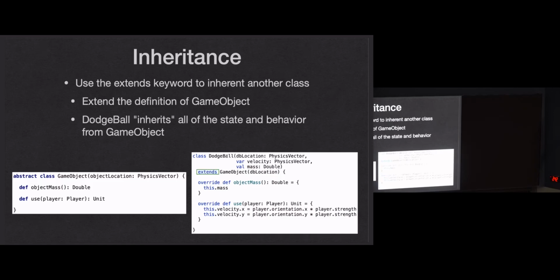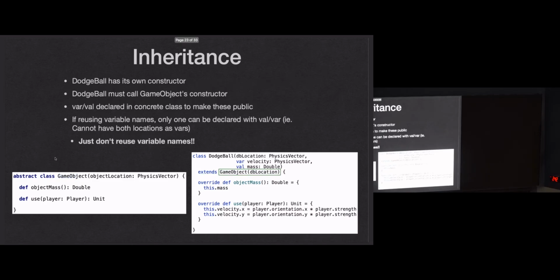But we're going to say class dodgeball with our constructor as we always had. This we've always had before. And then we're going to say extends, which is inherits, GameObject. So I'm extending this class. I'm inheriting all of the state and behavior of the GameObject class. And whenever you extend a class, you're going to call its constructor.